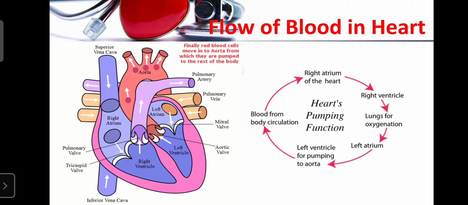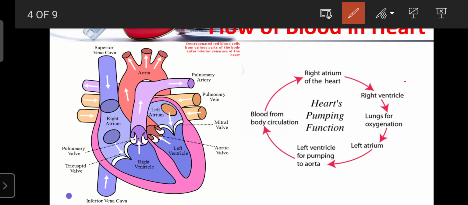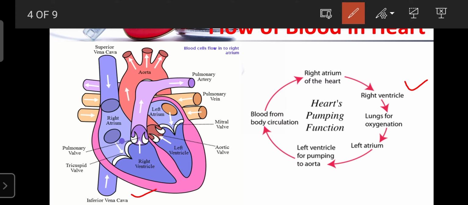Starting again from the right atrium, the blood is drained by the inferior vena cava from the lower part of the body and the superior vena cava from the upper part of the body.